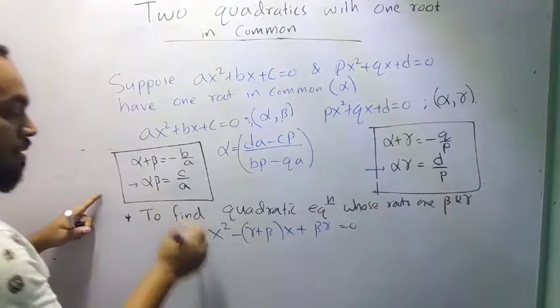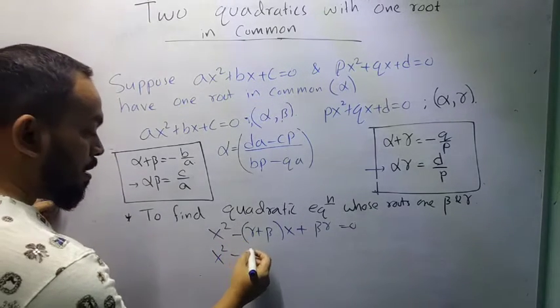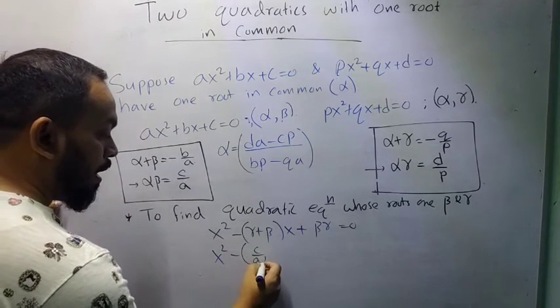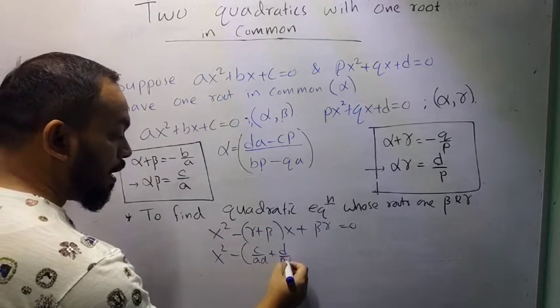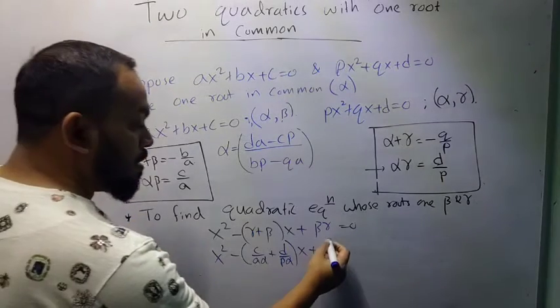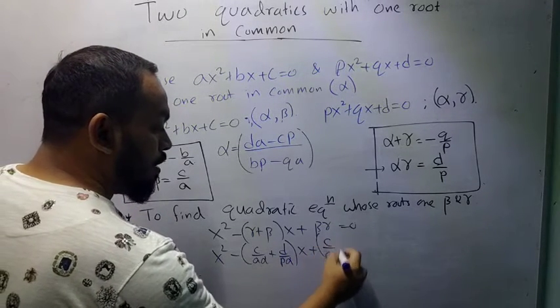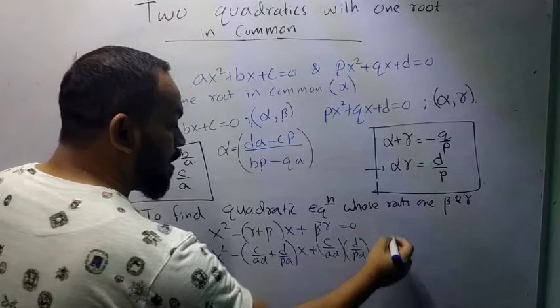So based on this, we can write x squared minus, beta is C over A alpha, then D over P alpha, x plus beta is C over A alpha into D over P alpha equals 0.